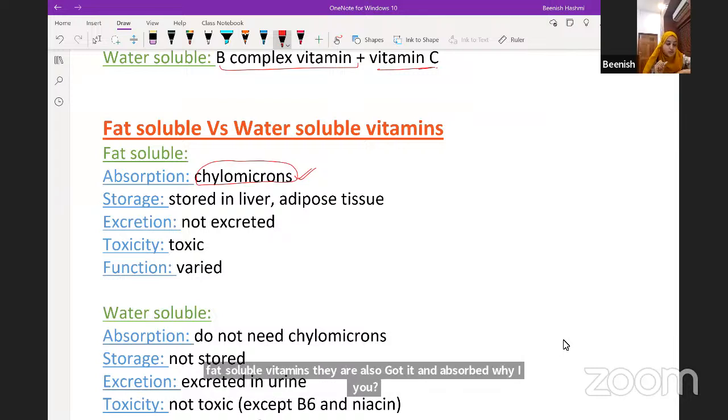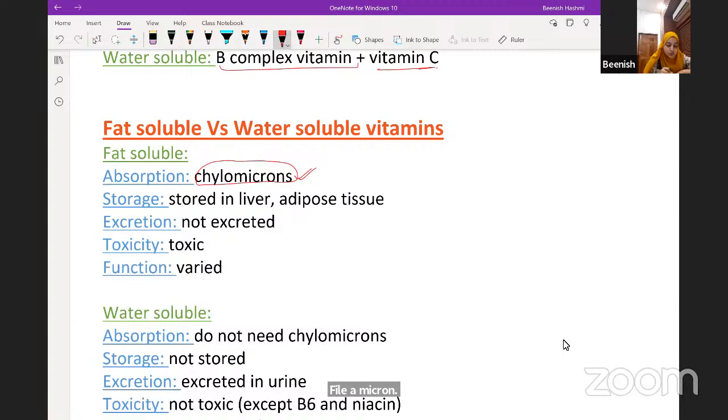Now storage. The fat soluble vitamins are stored in liver and adipose tissue. And excretion, they are not excreted, obviously, since they are being stored. And toxicity, yes, if in excess, they can be toxic.